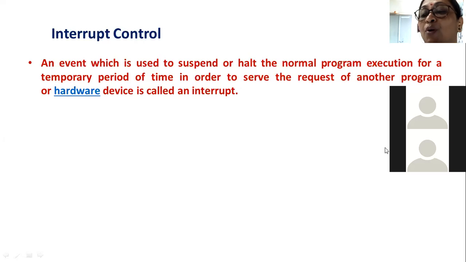To respond to this interrupt signal, the person will pick up the telephone and talk to the person who has called him. And when his conversation ends, he will put down the receiver, go back to his place, open the book at the page where he left, and start reading.